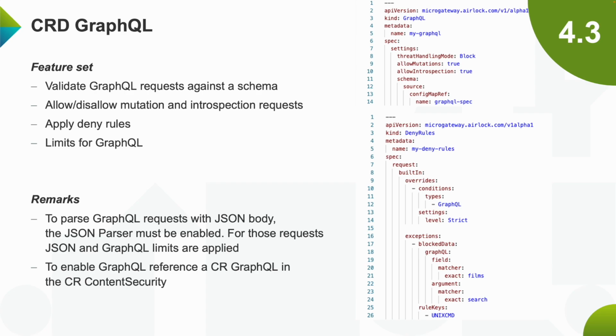For GraphQL requests with JSON body, the JSON parser must be enabled. For those requests, JSON and GraphQL limits are applied. To enable GraphQL filtering, simply reference a CR GraphQL in the CR content security.